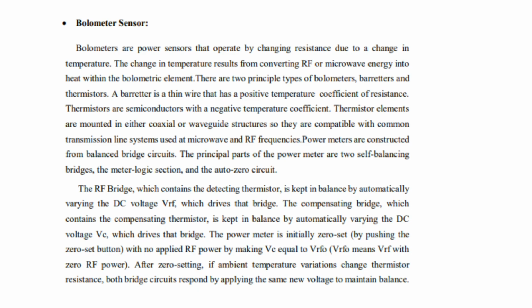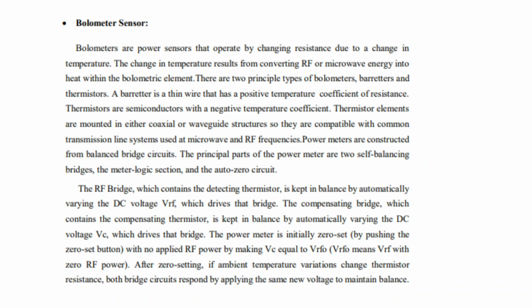Next one is the bolometer sensor. Bolometers are power sensors that operate by changing resistance due to a change in temperature. The change in temperature results from converting RF or microwave energy into heat within the bolometric element. There are two principal types of bolometers: barretters and thermistors.